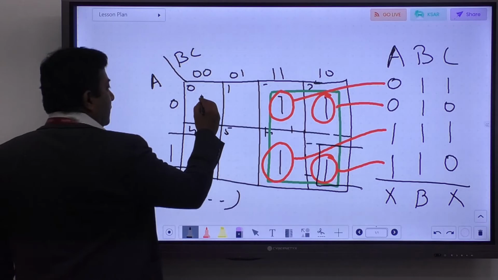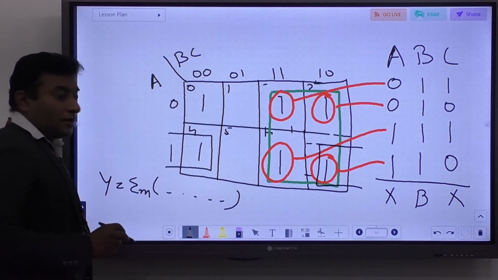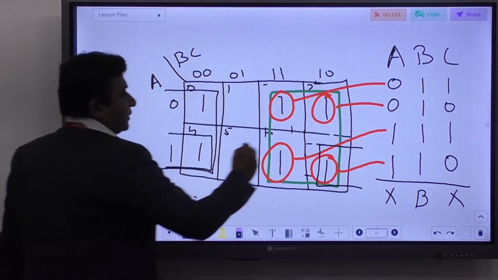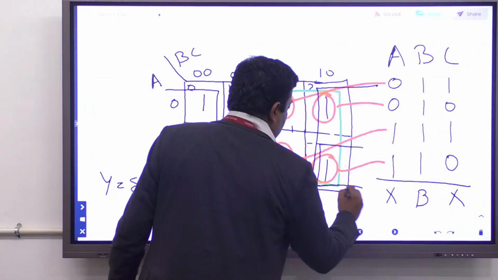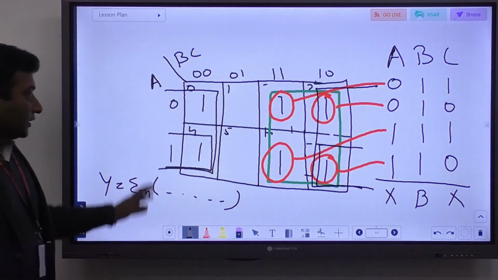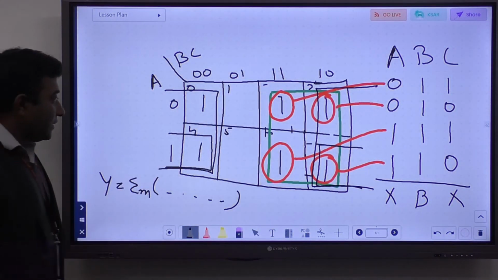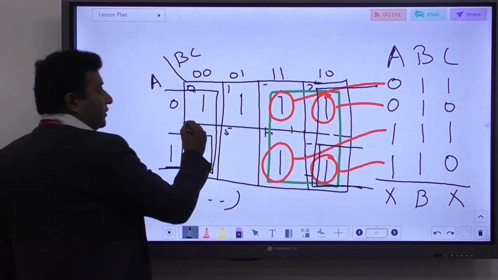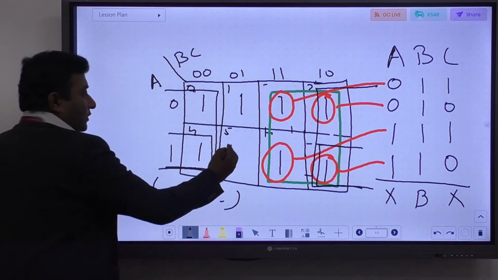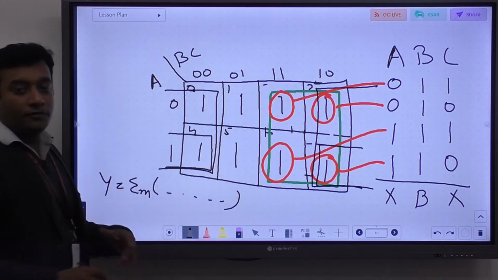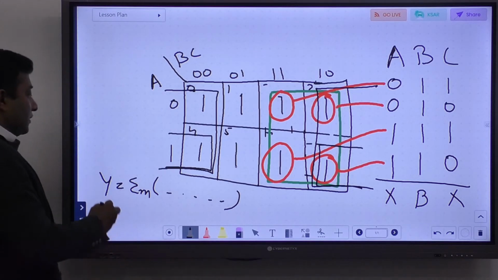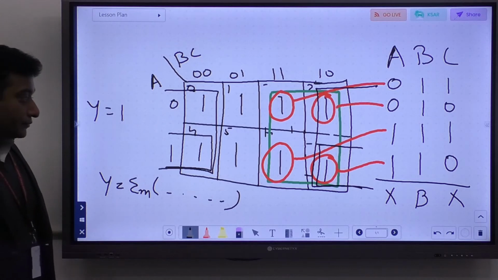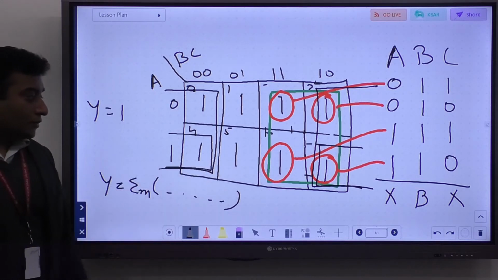In case if 1 exists over here, we can club this with this complete one, and there can be another quad. In case if there is 1 over here, we can take this as a quad, and if this is also 1, the whole output would be 1. That means y would be equal to 1. Okay, in this case y would be equal to b.